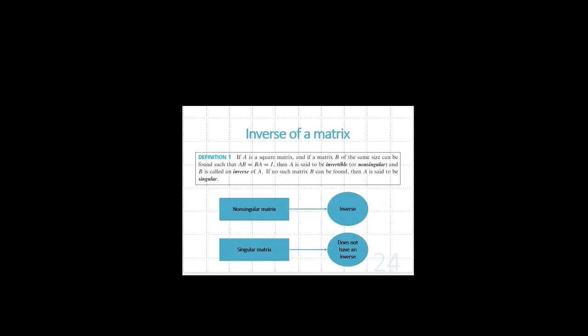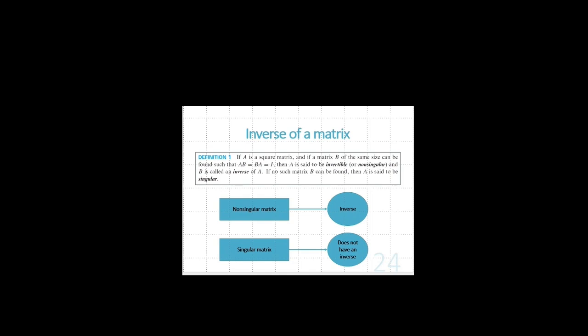Okay, so then we are going to look at inverse matrices. Here's our definition 1. If A is a square matrix, and if a matrix B of the same size can be found such that AB equals BA equals I, then A is said to be invertible. So here is your one exception, because remember we always said order mattered, right?